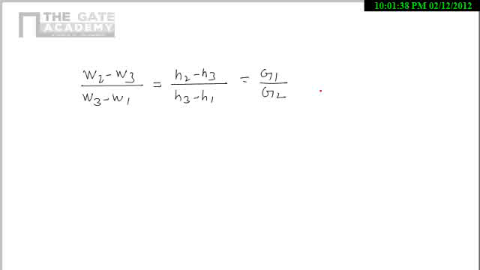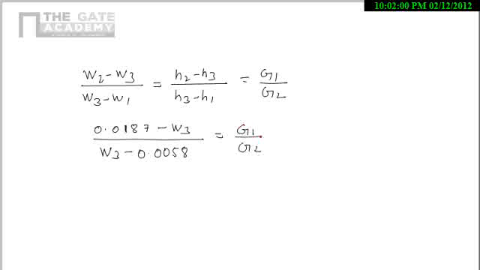So now if we plug the values of W2 and W1 here, it is (0.0187 minus W3) by (W3 minus 0.0058) equals G1 by G2. G1 is 1 kilogram and G2 is 2.